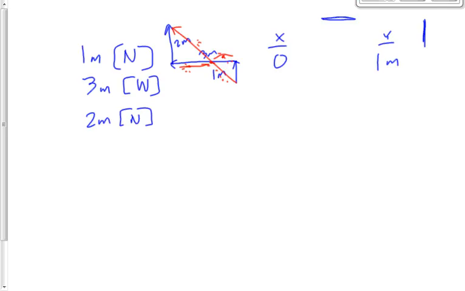How much of the 3 meters is x, Caitlin? 3? Close. Let's make it -3 because it's to the left, right? Well, how much of that is y component? None, right? None of it. How much of that 2 meters is on the x-axis?